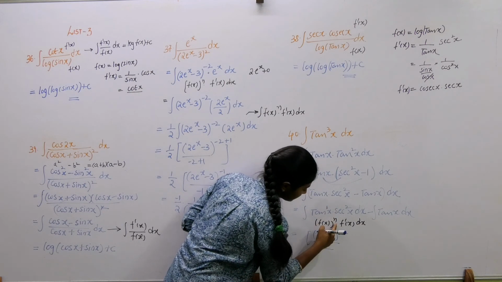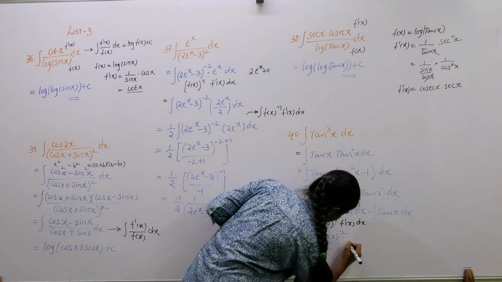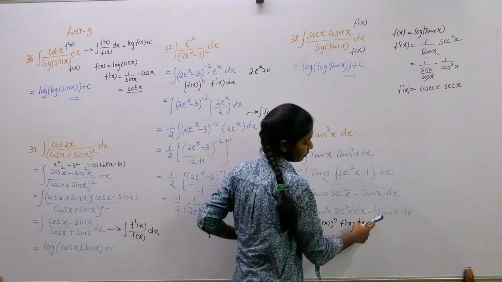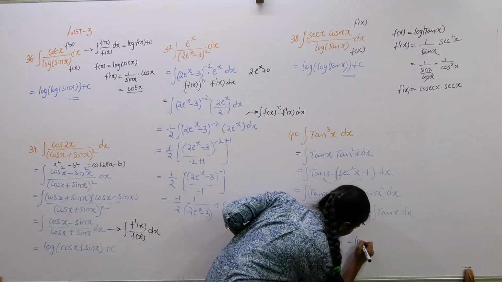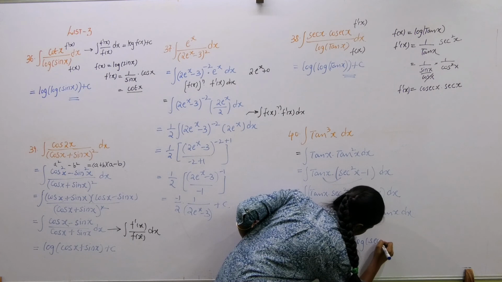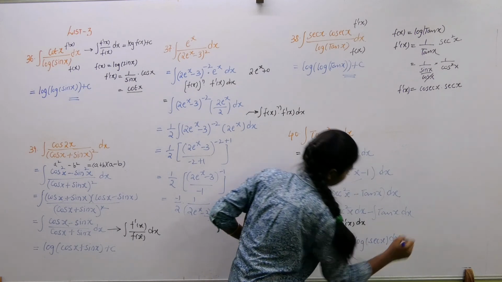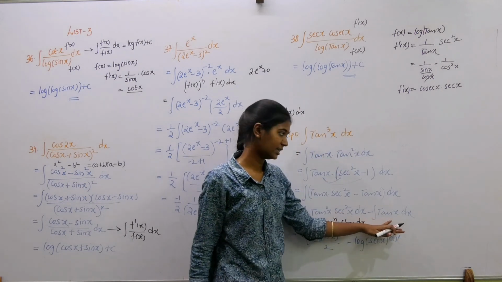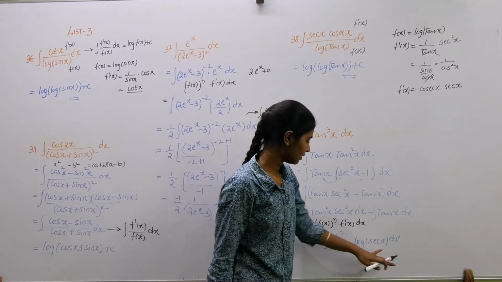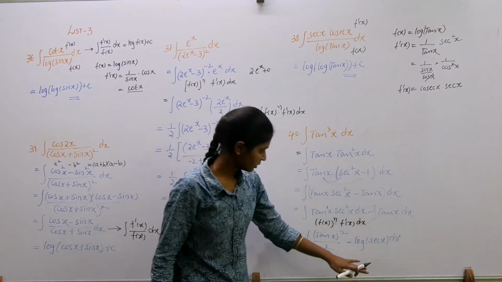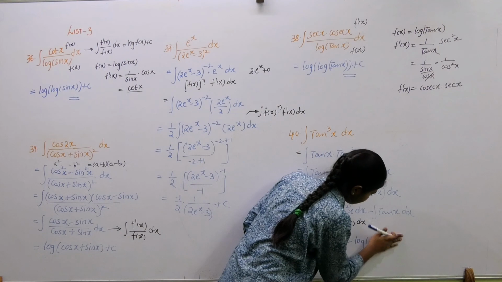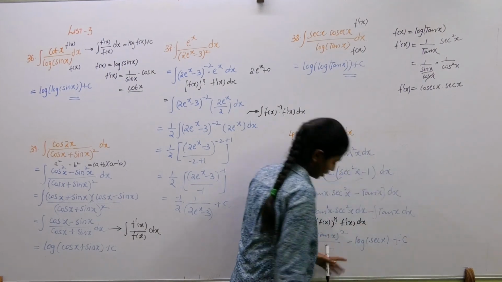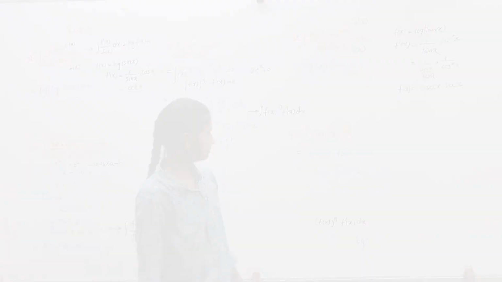Here n value is equal to 1. Minus, we know the formula for integral tan x. It is log of secant x. We have just derived this. Integral tan x is equal to log of secant x. So I substituted it directly here, plus c, the integration constant.